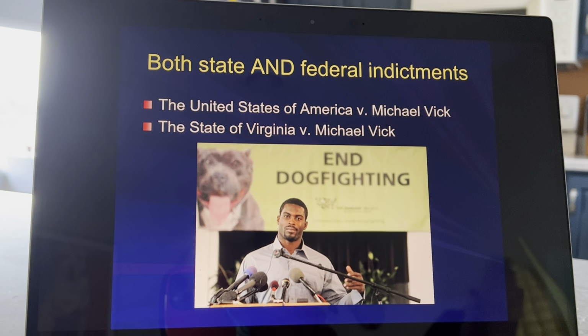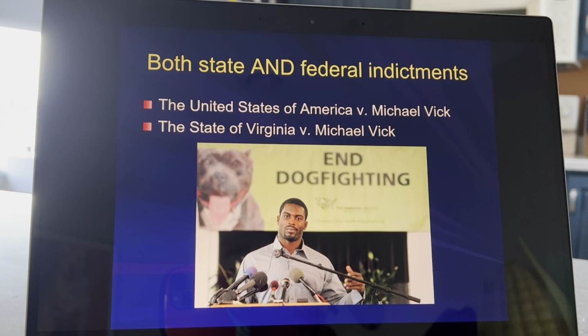Okay, so a perfect example of this was Michael Vick, who was an NFL quarterback. I believe he's now retired. So he was convicted of basically running a dogfighting ring, and he was indicted at both the state level, which occurred in Virginia, so State of Virginia versus Michael Vick, and he broke federal laws, so the United States of America versus Michael Vick.